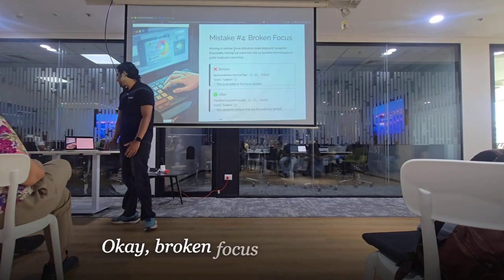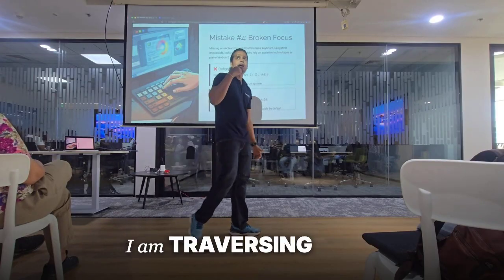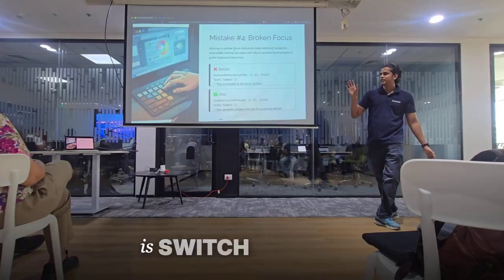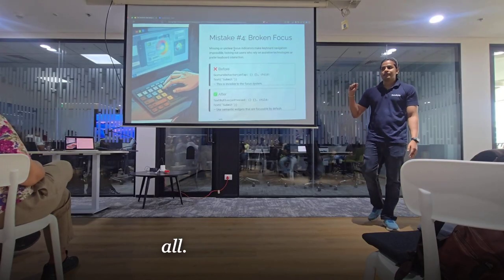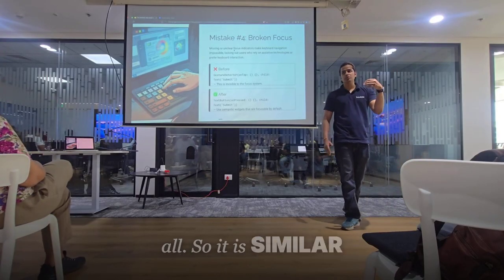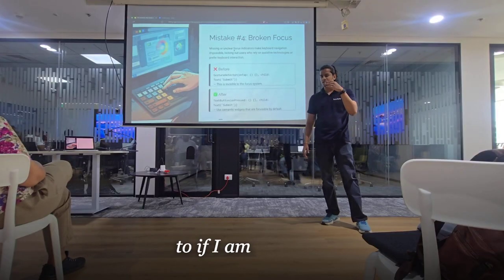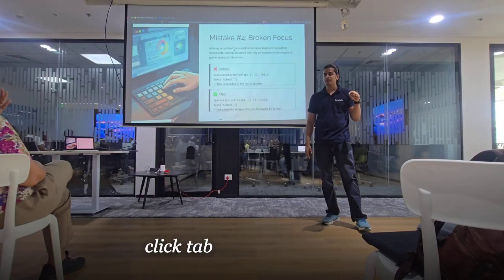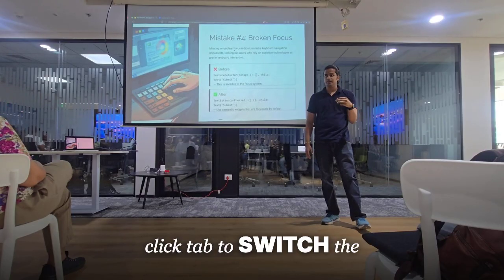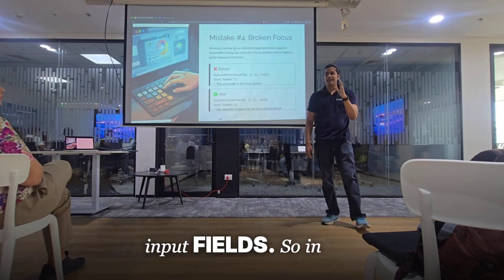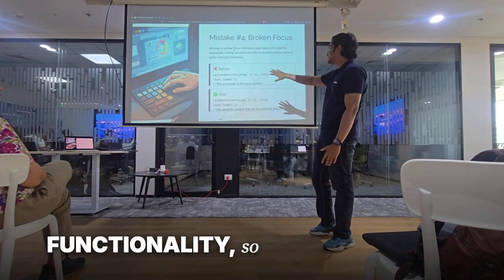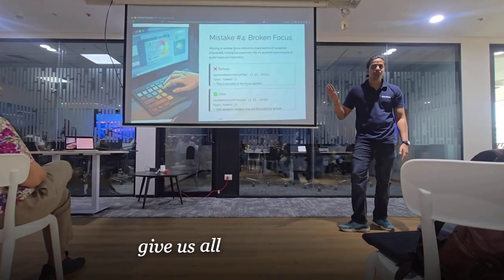Broken focus. Basically, if I am traversing an app using any switch access, do you guys know what switch access is first of all? It is similar to going through a website, right? Sometimes we press tab to switch between input fields. Similarly, we need that functionality. GestureDetector doesn't give those things.